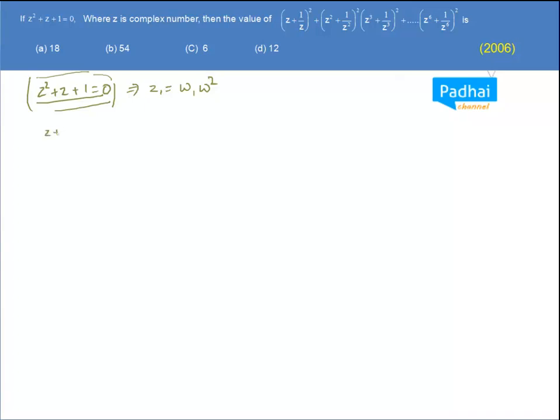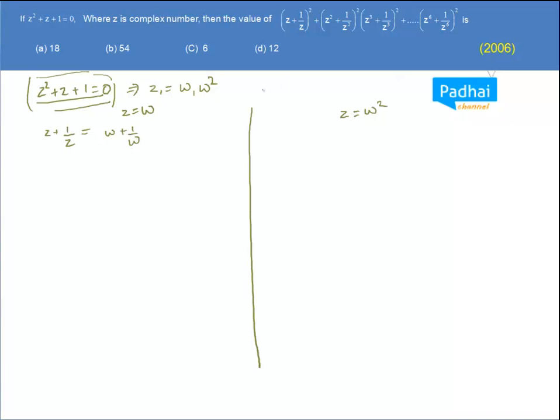Let's see, z + 1/z, what will it become? I'll solve the question in two parts: once when the root is omega, and the other time when the root is omega square. So when it is omega, this will become omega + 1/omega.